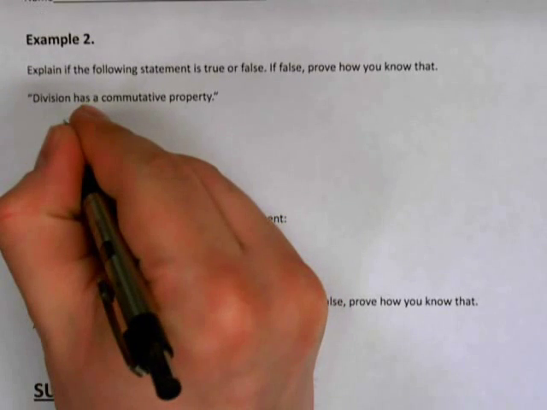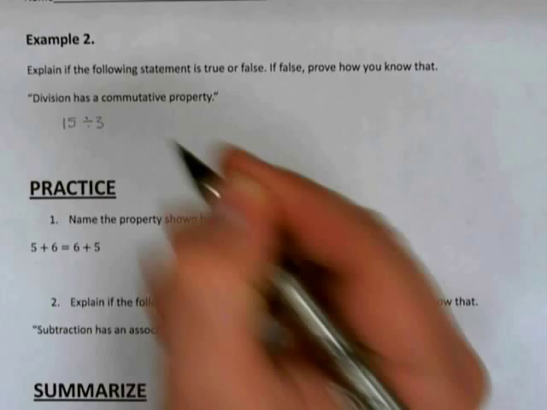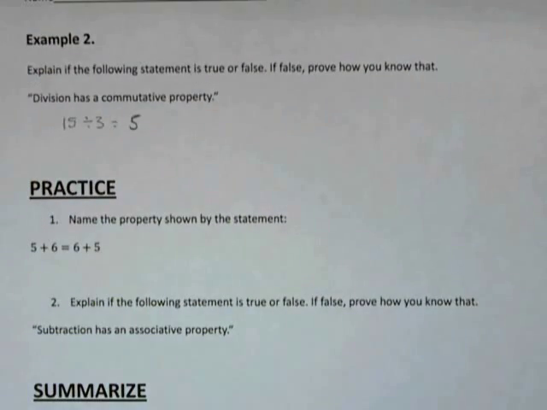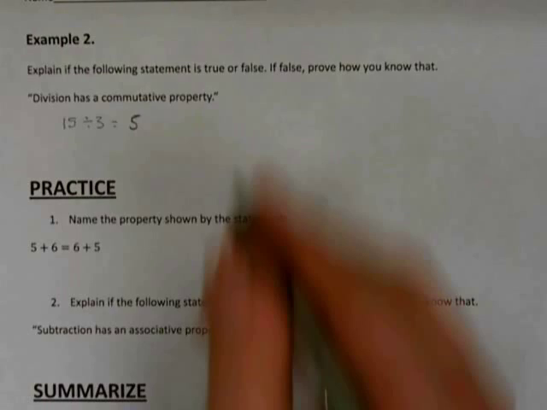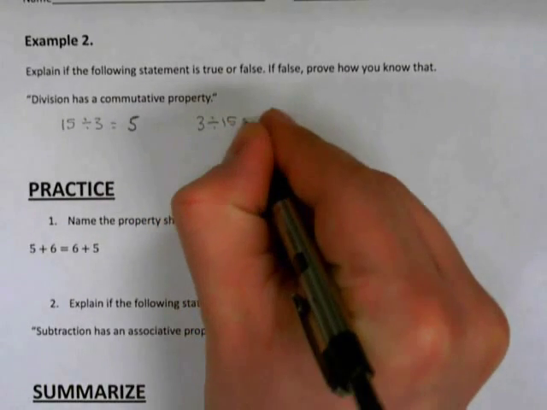Let's take 15 divided by 3. Okay, we know that 3 goes into 15 5 times, so 15 divided by 3 is 5. Now, if it is a commutative property, meaning that the order doesn't matter, then that's saying that 3 divided by 15 will be 5 as well.